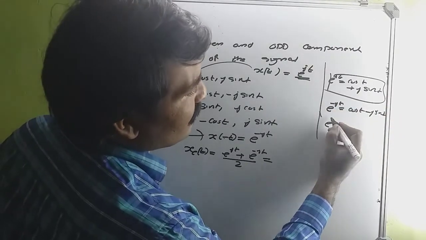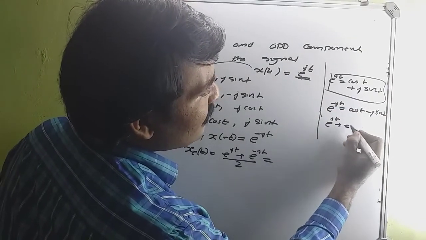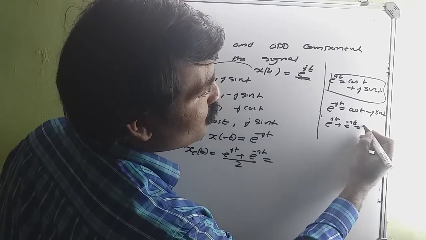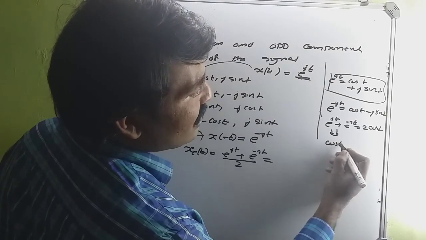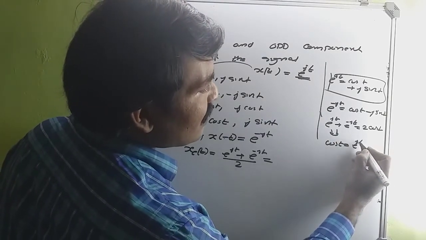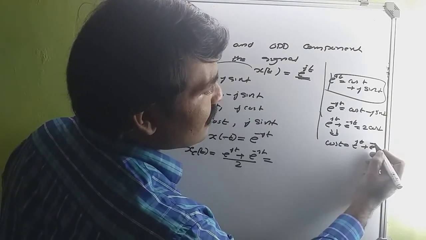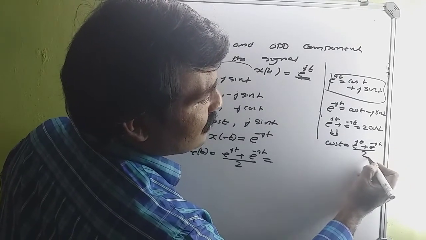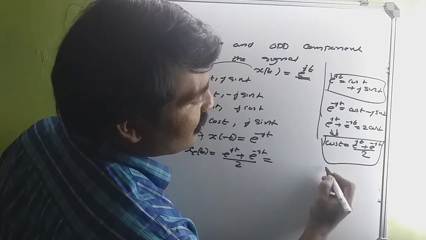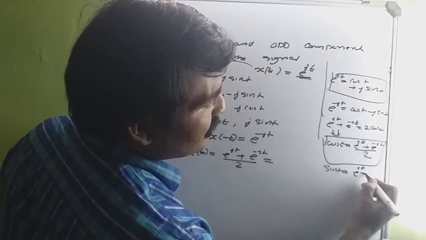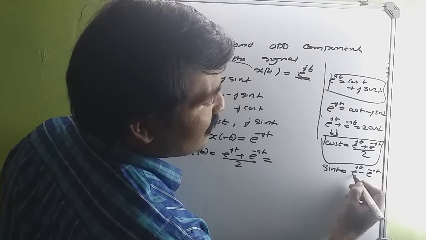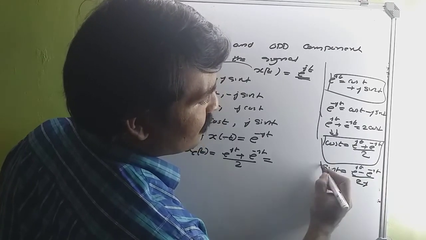So e raised to jt plus e raised to minus jt is equal to 2 cos t. This implies cos t is equal to e raised to jt plus e raised to minus jt divided by 2. Similarly, sin t is equal to e raised to jt minus e raised to minus jt divided by 2j.